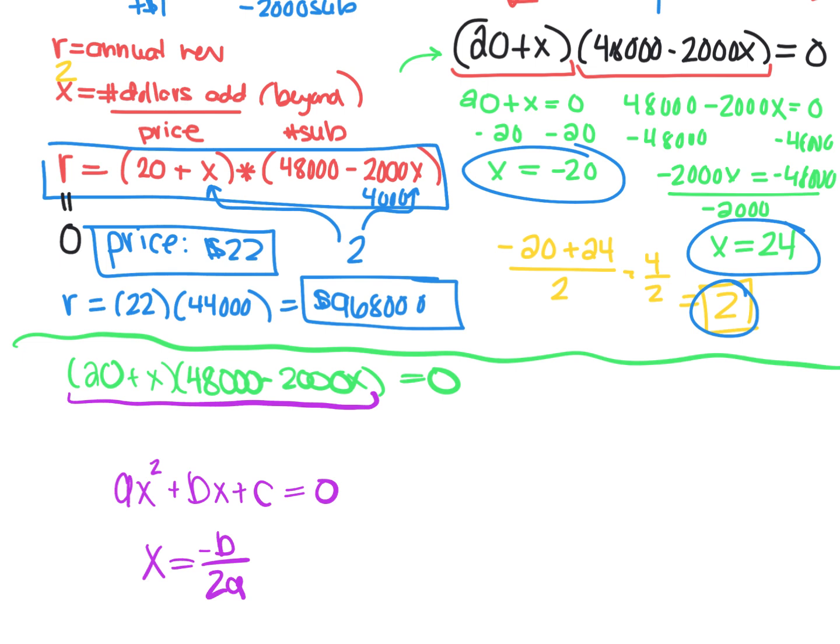Now, obviously, using the zero product property when it's already set up that way is the easiest option. But if for some reason you did not remember that, you could use other strategies like the quadratic formula, completing the square, or even getting it into standard form and using x equals negative b over 2a to find that x value of your vertex.